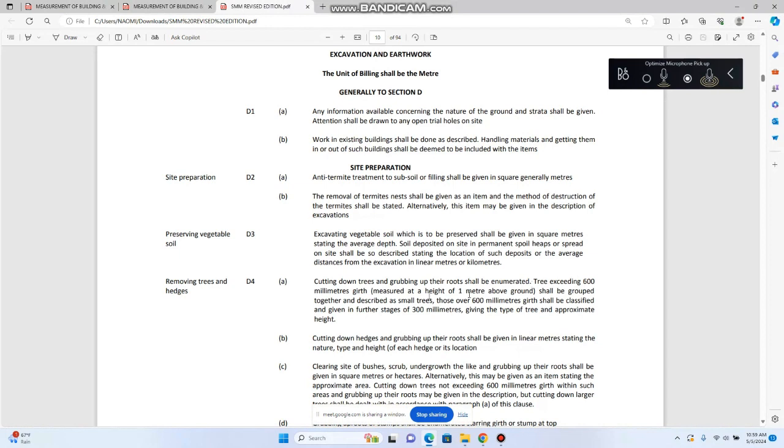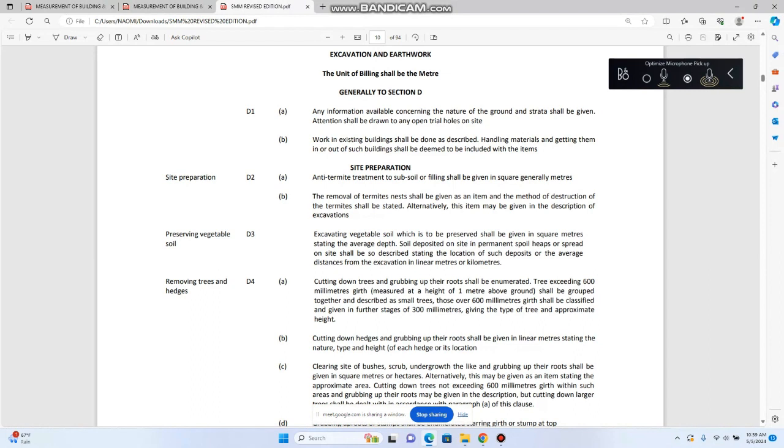Trees exceeding 600 millimeters girth, the girth being the circumference, should be measured at a height of 1 meter above the ground. Trees not exceeding 600 millimeters shall be grouped together and described as small trees. Those over 600 millimeters girth shall be classified and given in further stages of 300 millimeters.